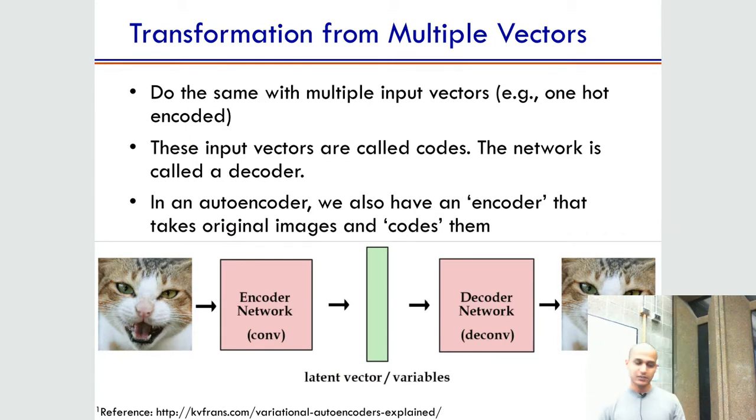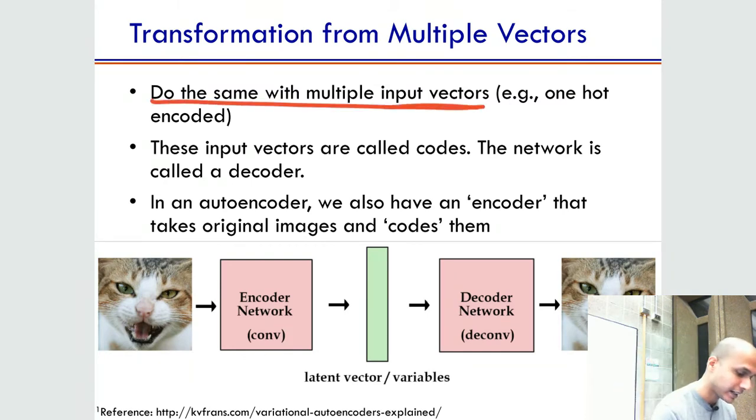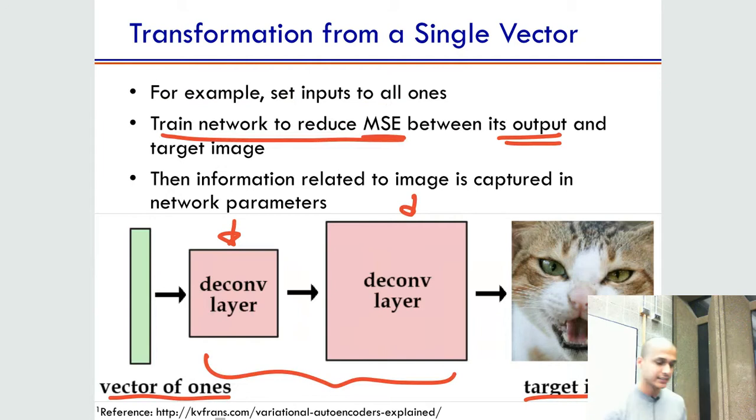That was for one image. I can do the same with multiple input vectors as well. Let's say I fix this architecture, so there's some theta that I need to figure out. If I start with a vector like 1 comma 0, given this vector I want to create an image of a cat.